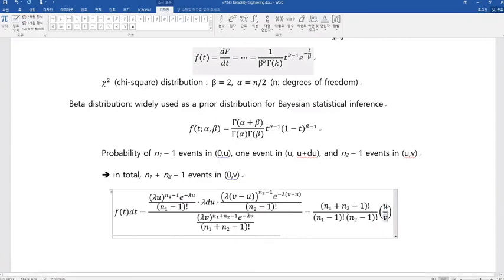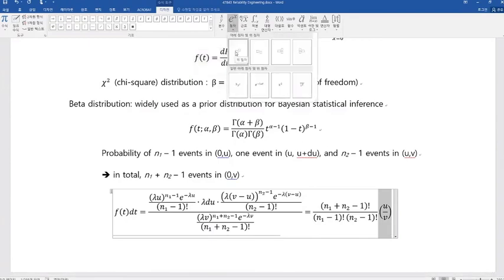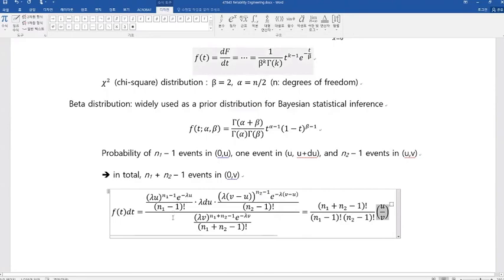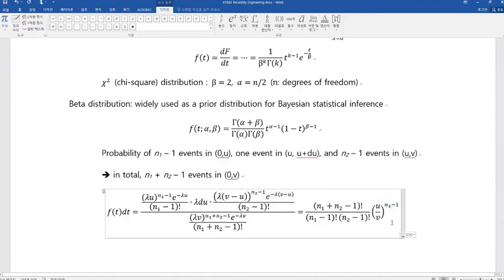If we count the v and u, also the lambdas will cancel each other if we count the number of lambdas in the denominator and numerator. Lambdas will all be cancelled out.